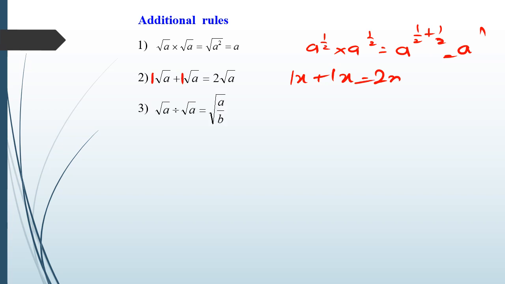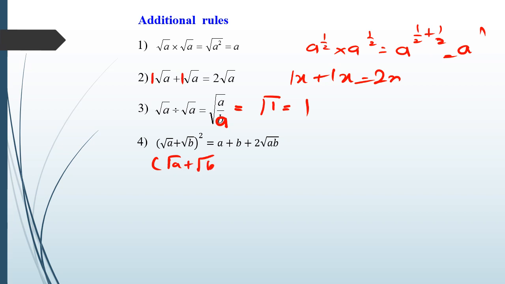And then surd a divided by surd a is equal to surd a over a, which we get surd 1, which is equal to 1. And then for number 4, in a bracket surd a plus surd b all to the power of 2, what we do here is we expand. So surd a plus surd b multiplied with surd a plus surd b.